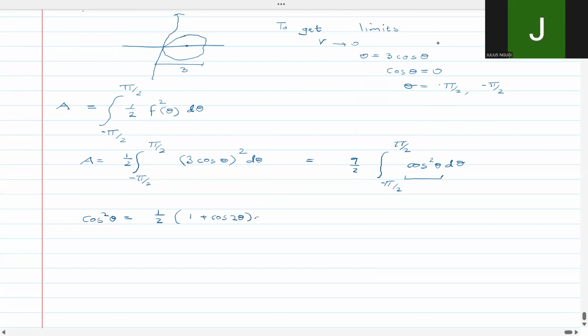So the answer for the area here becomes 9 over 2 integrated from minus pi over 2 to pi over 2, then a half, 1 plus cosine of 2 theta with respect to theta.